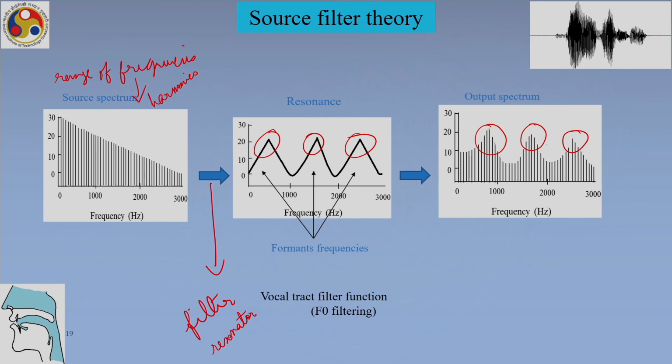So the source spectrum at the glottis level goes through your supraglottal filtering function, and as a result we get these regions of energy which may also be called formants.